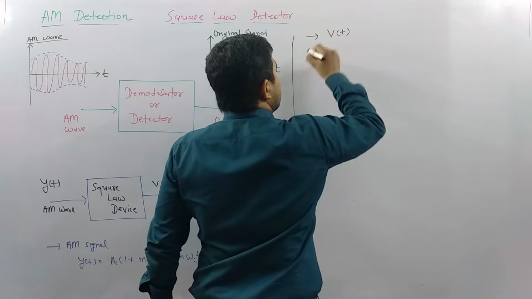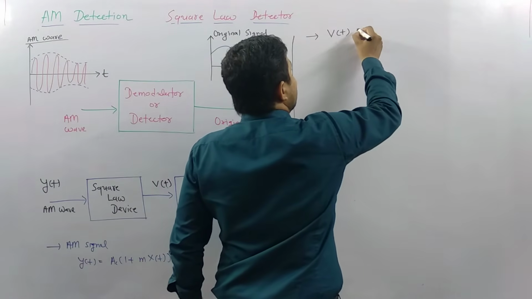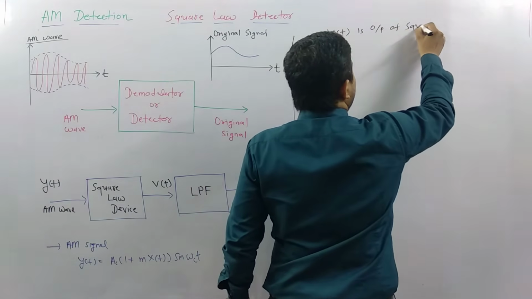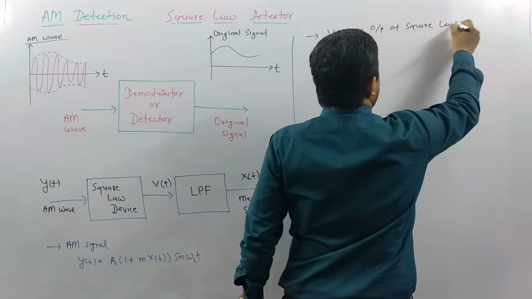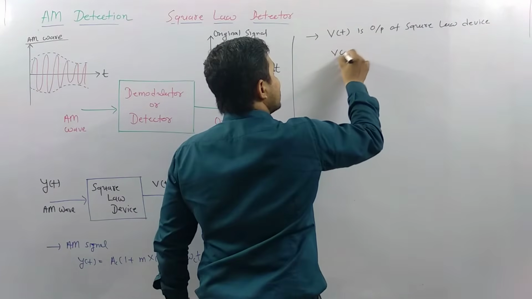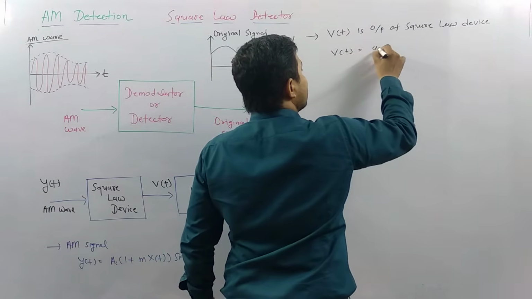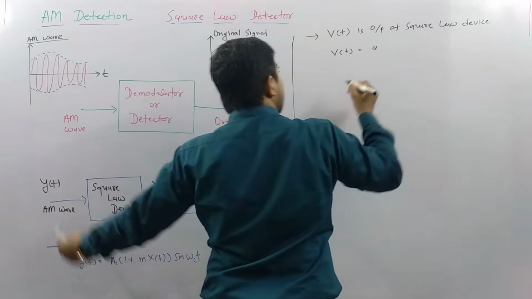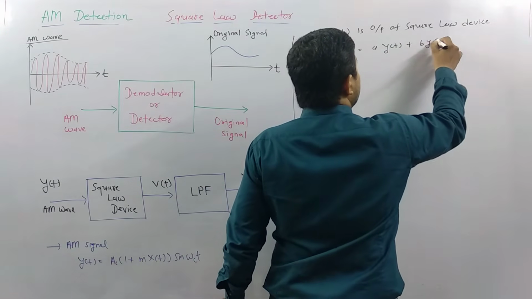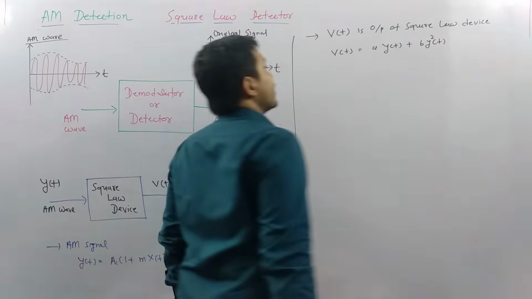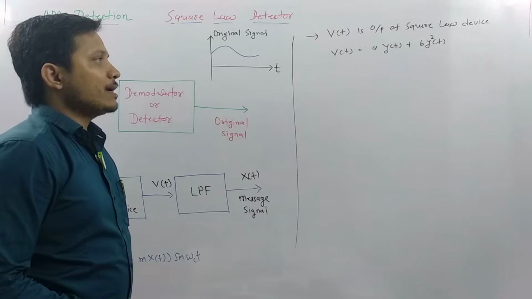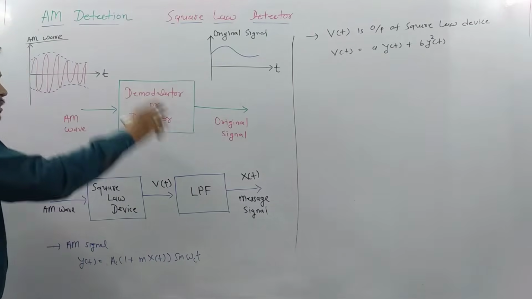So output VT is output of Square Law device, and that is exactly some constant into input, that is YT. So AYT plus BYT square. So this type of output that you will be getting at Square Law device. Now place this YT in that.